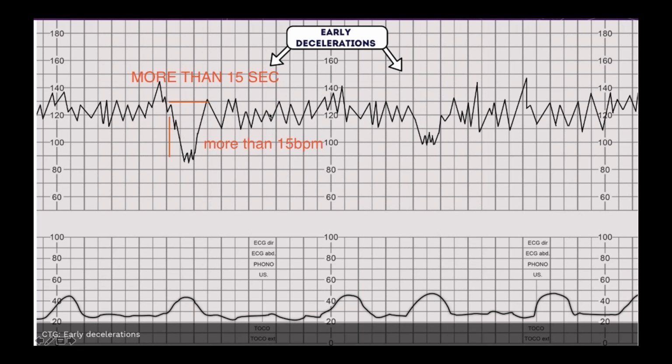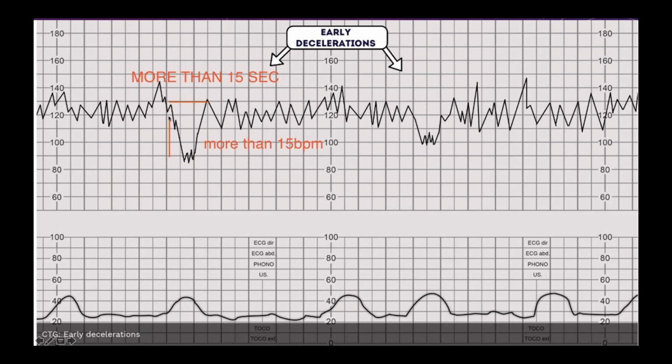Now it is a significant deceleration, so we can calculate that as well. If you calculate the time, it is 1 minute 15, maybe 30 seconds. So it is lasting more than 1 minute.